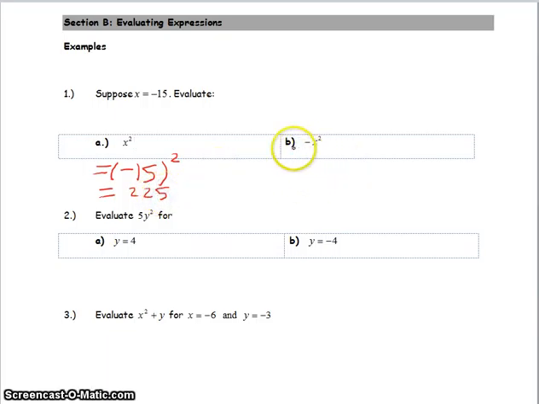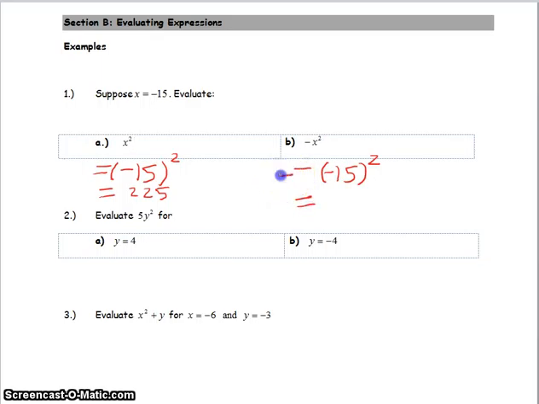Now we look here at b. We have negative x squared. So again, we will substitute in negative 15 for x. We'll bring down this negative sign first, and then we will put in negative 15 for x, and that will be squared.